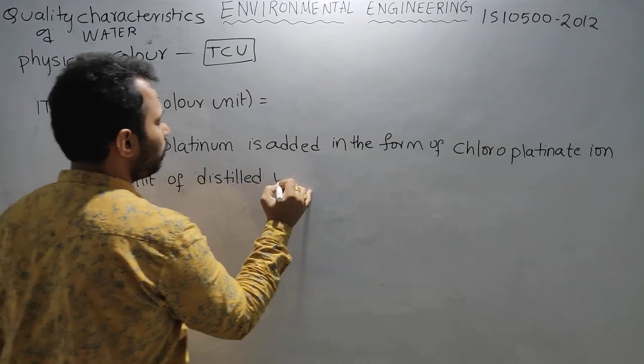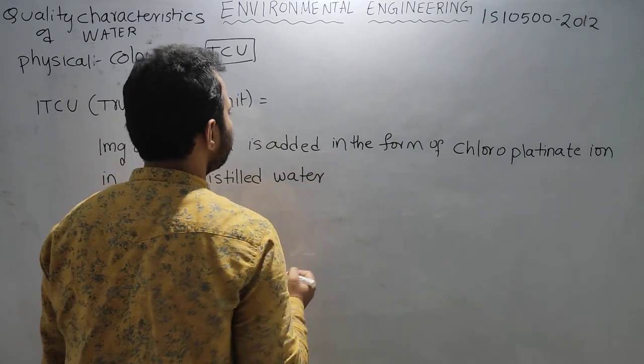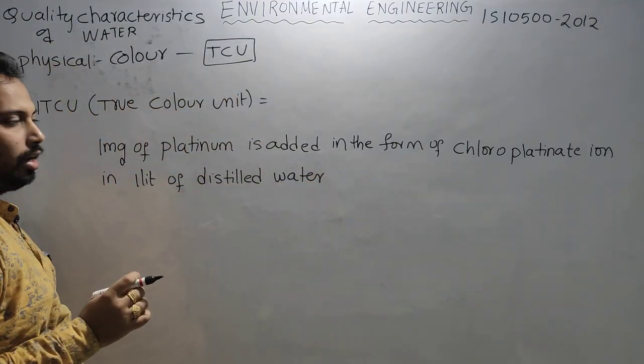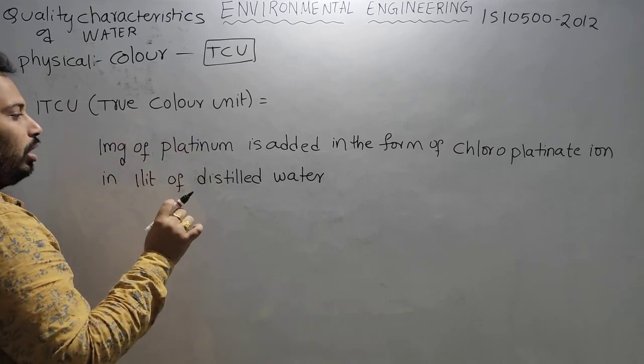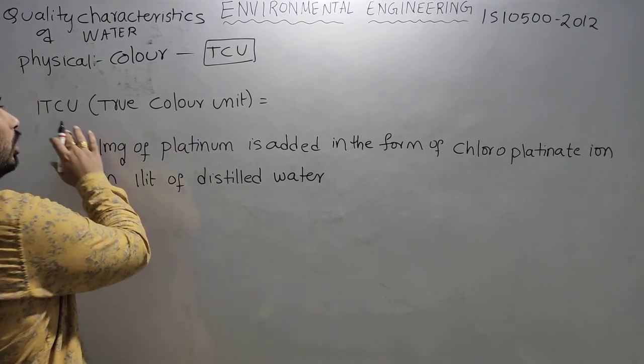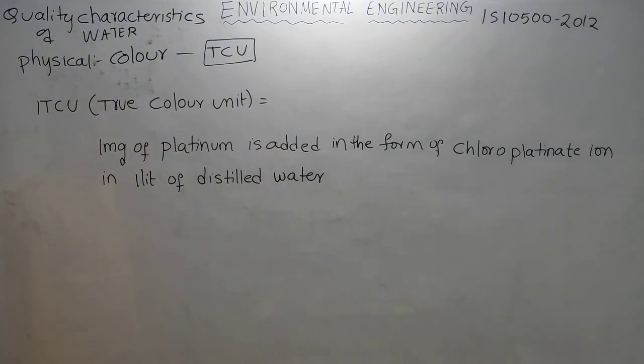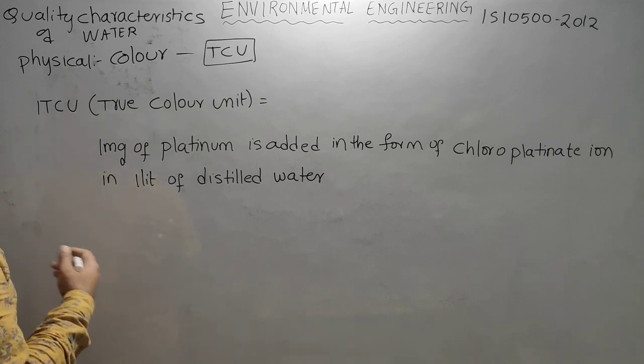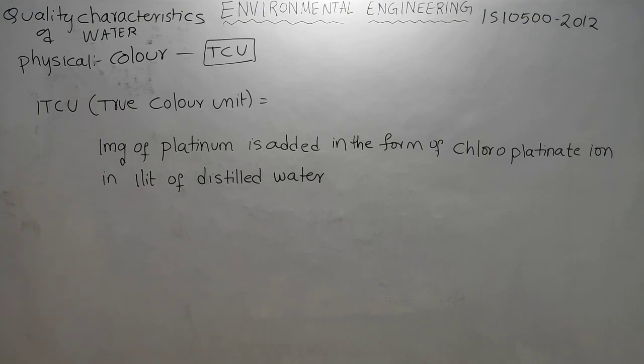This is called 1 mg per liter of chloroplatinate ion in 1 liter of distilled water, and this is called 1 true color unit. Generally, this color we measure using a platinum scale, and we also call that scale the Burger's scale.